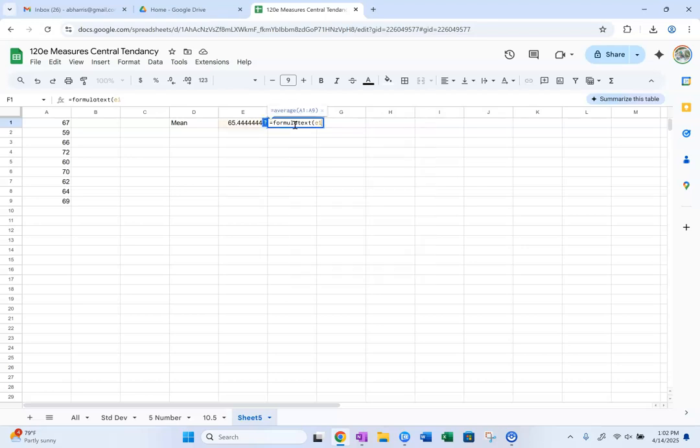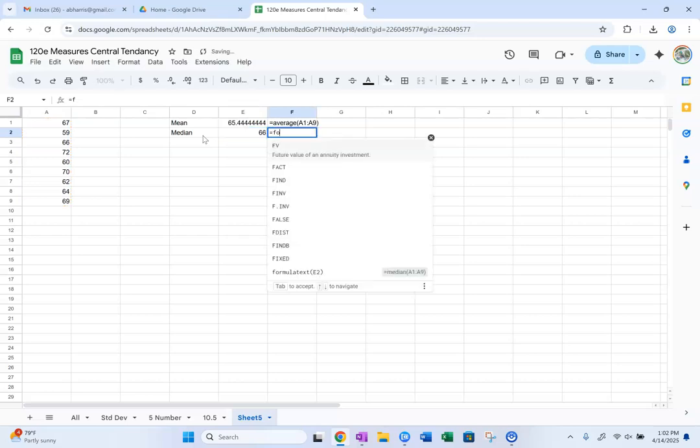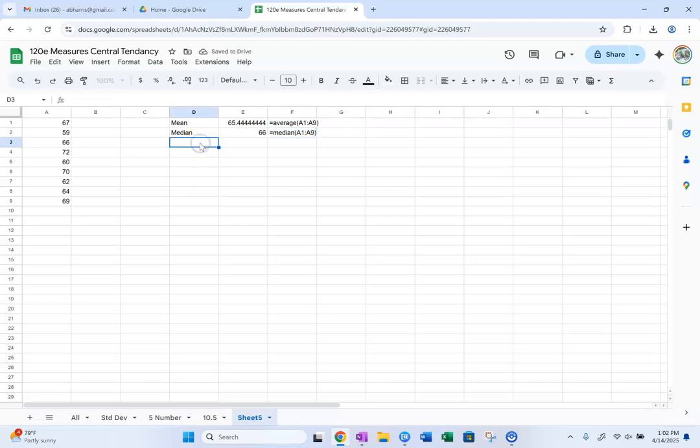Now I'll put over here FORMULATEXT E1. That shows you the formula there. Let's do our median, and we'll do our standard deviations as well. Equals MEDIAN A1 to A9. Let me show you my formula again. Let's do our standard deviation of a sample, dividing by n minus 1 if I remember right.